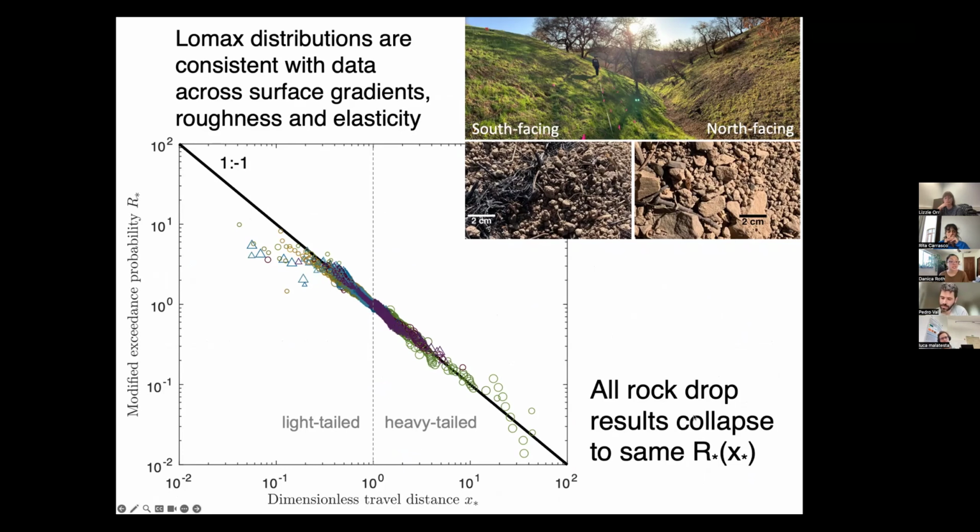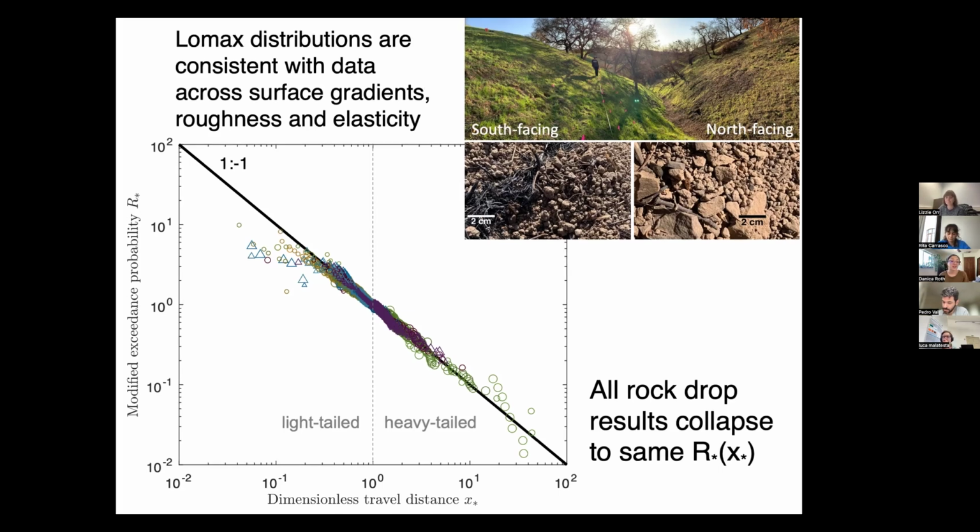So we can at least see that regardless of the gradients, roughness, elasticity, soil moisture, etc., the Lomax model is doing a good job of capturing the distributions of data on these slopes. But I do think there's some very interesting variability in how these hill slopes are responding to fire, essentially.